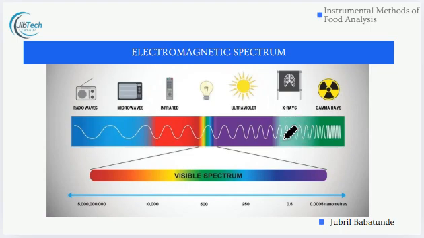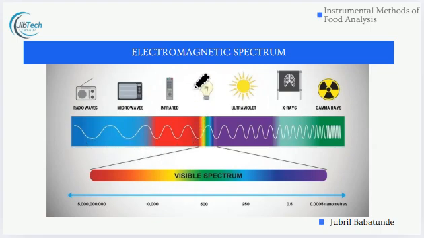The wavelength also increases, and so the wavelength here is between 0.01 nanometer to 10 nanometer, while for the ultraviolet region, we have the wavelength from 10 nanometer to 400 nanometer, and here is from 400 to 700. All right, so as it goes down this line, the energy reduces, the frequency reduces, and the wavelength increases. I hope that is clear.